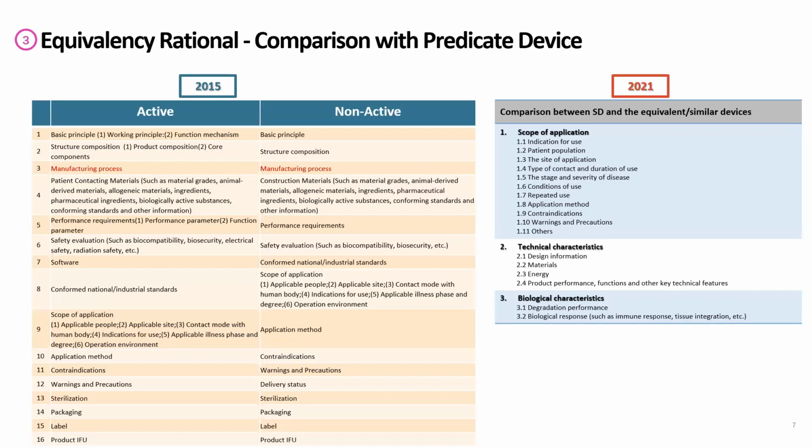But the indication might be RA, or primary degenerative arthritis. So in this case, the indication might be different, but the scope of application should be the same. This is my understanding.